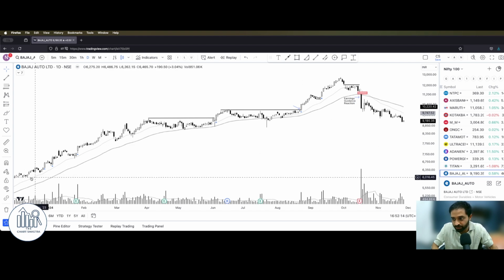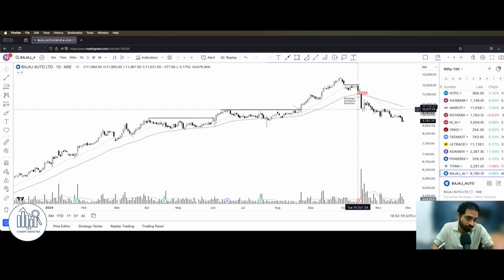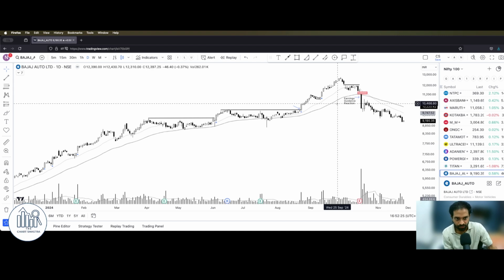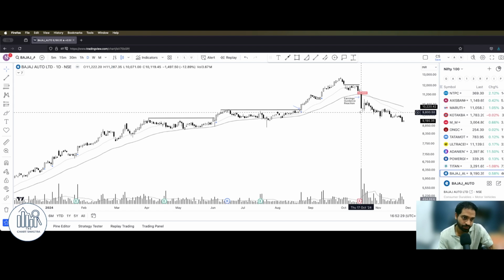Bajaj Auto has been one of the strongest names in the two-wheeler and auto space till here. But with the recent earnings, as you can see, the guidance was a bit poor. Thereby, the stock has corrected 12% in a single straight day. In fact, this has impacted the entire sentiment in auto stocks.